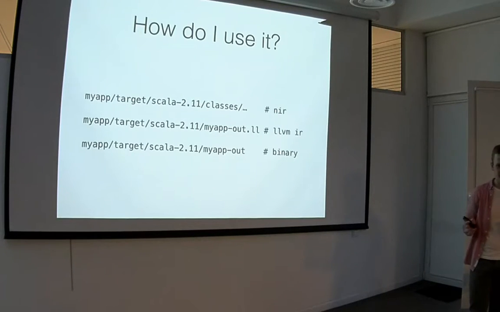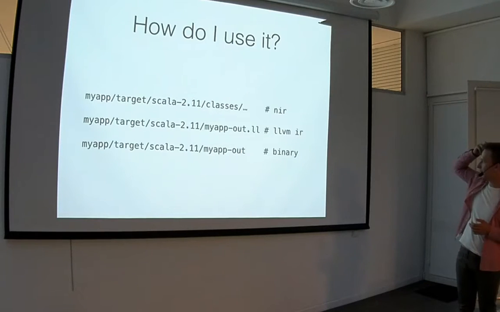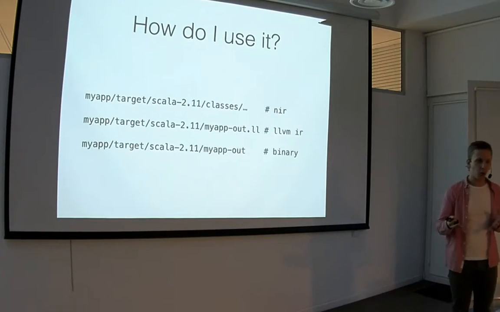Somewhere in between, we have this bytecode-like representation, and it's called NIR, for Scala Native IR. But it dropped the S because it is prettier if it's 3 letters. And then somewhere in between, we have this LLVM IR, which is essentially what we give to LLVM to compile.